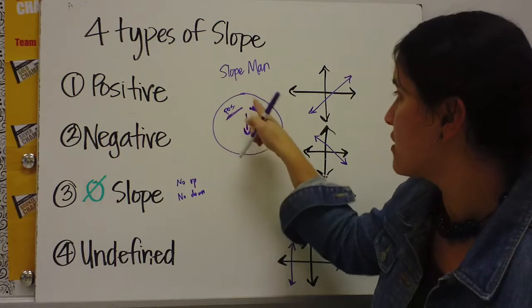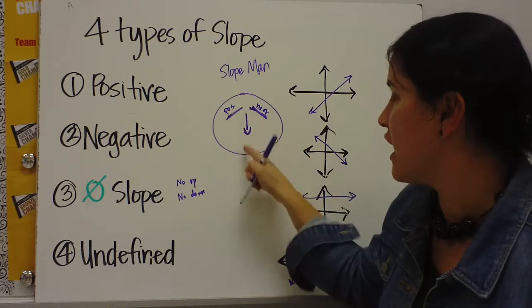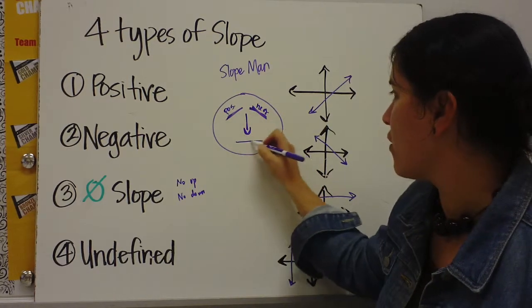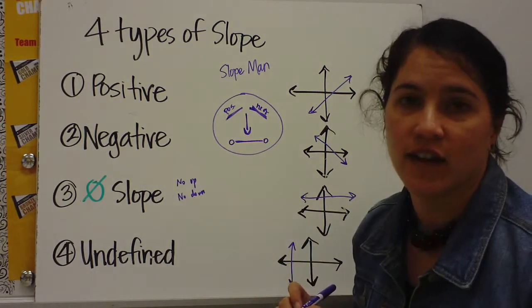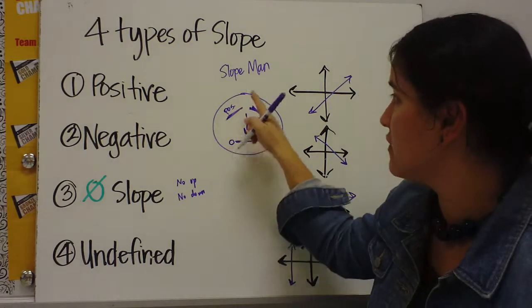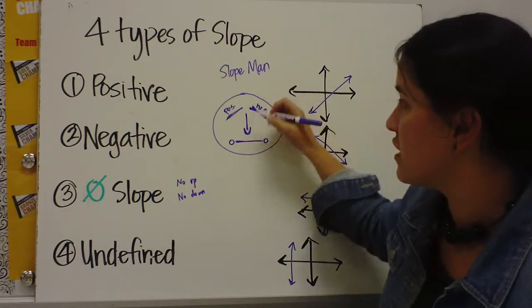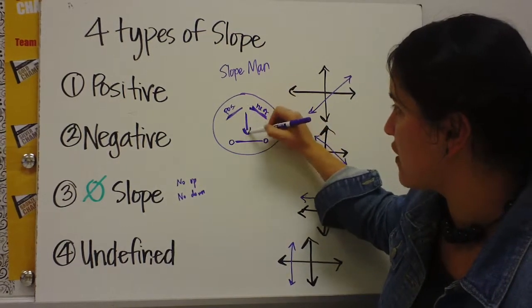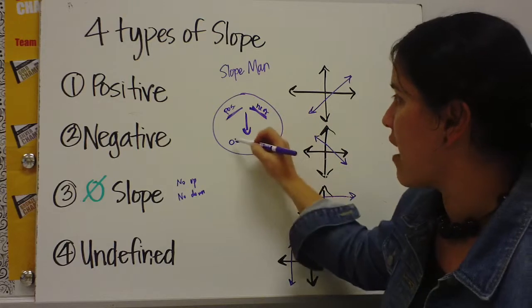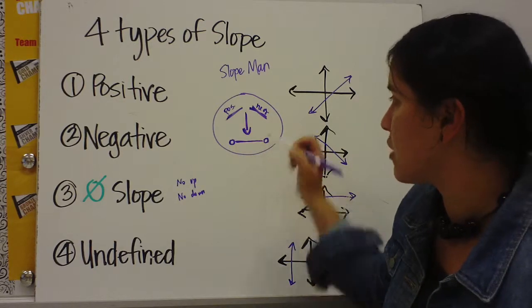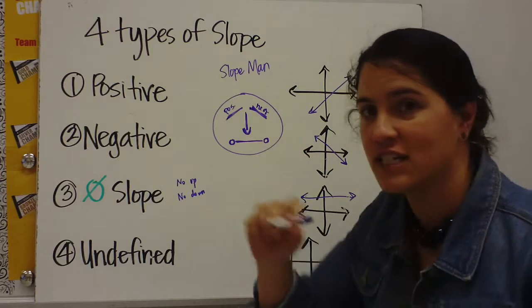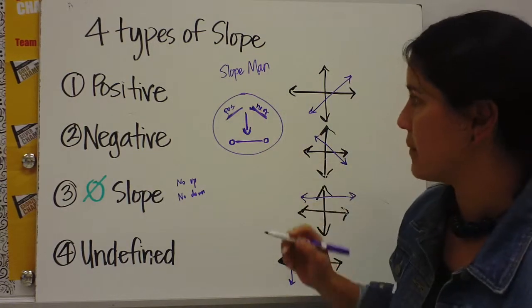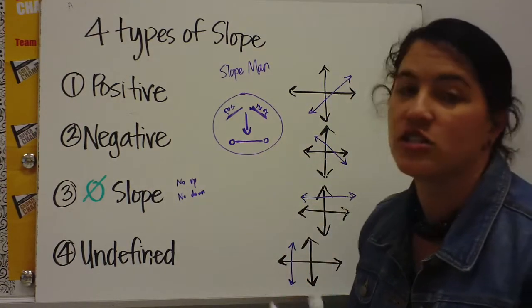You see, positive, negative, undefined, and then his mouth is 0. So this is slope man. We have a positive and a negative, an undefined. So you see his nose, I drew a line up and down and then a U. And then his mouth has zeros to help you remember. This is slope man. Positive, negative, undefined, 0.